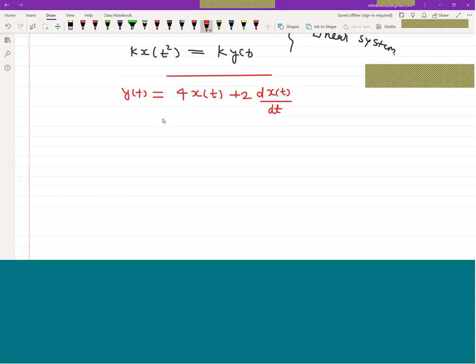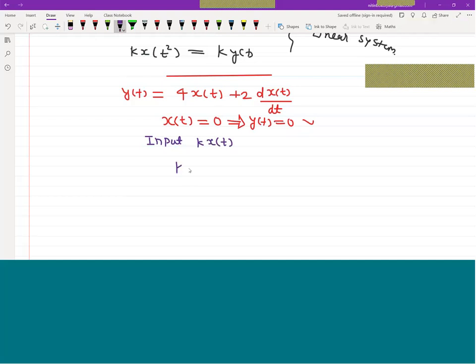So if I make x t equal to 0, this will result in y t equal to 0. x t को अगर 0 बनाऊंगा तो y t की वैल्यू को भी कितना कर देगा, 0 कर देगा. And what I can say, if x t is multiplied by k, the input is k times x t, then what will be the output?